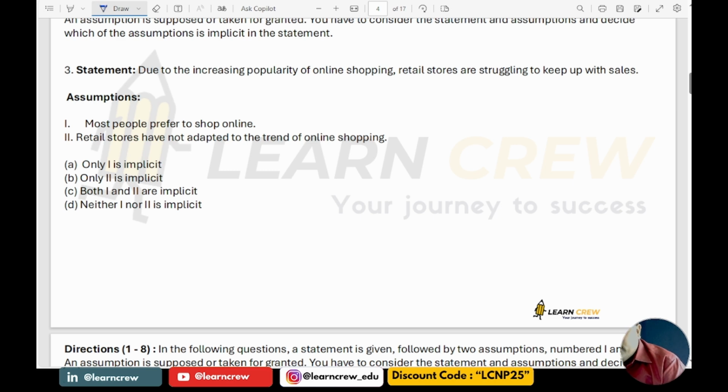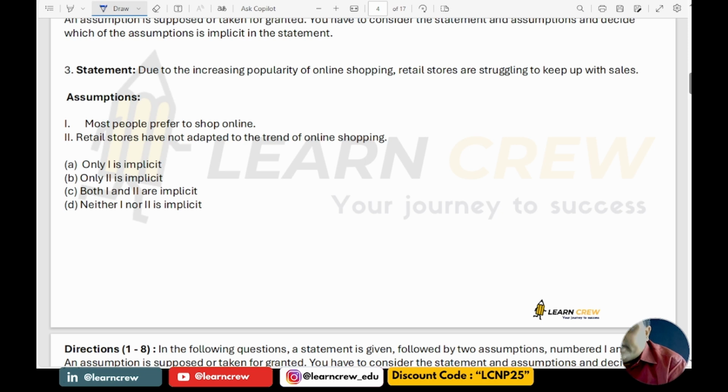Assumption 2, retail stores have not adapted to the trend of online shopping. It is said in the statement that due to the increasing popularity of online shopping, retail stores are struggling to keep up with the sales. The statement is based on the assumption that the retail stores have not adapted to the trend of online shopping.